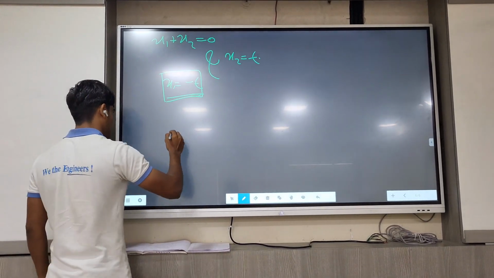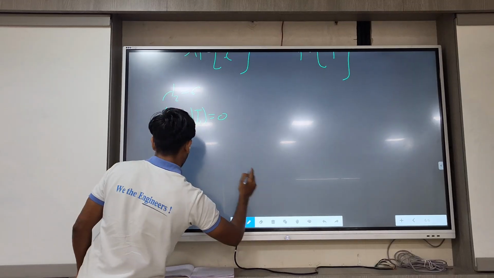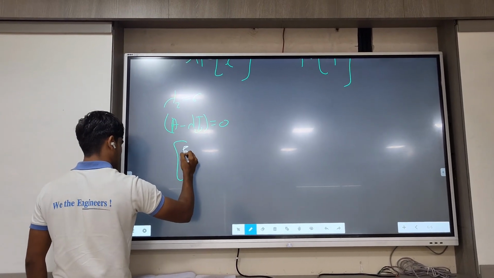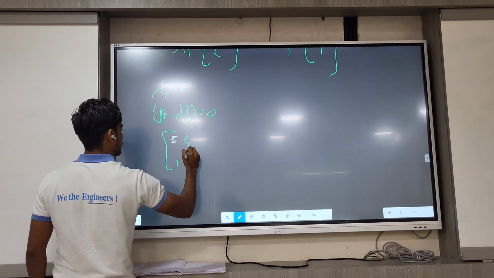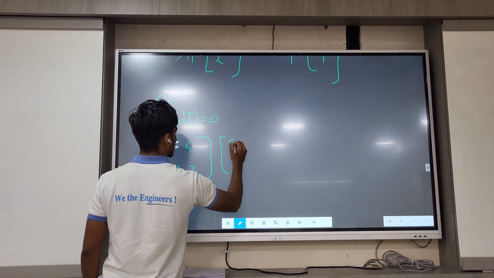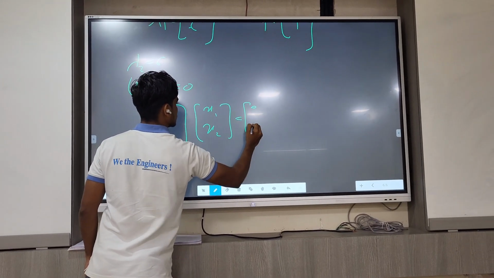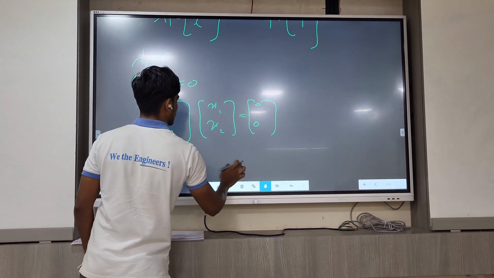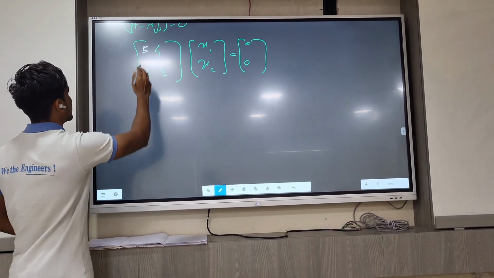So how should we find x2? So what was it? 5, 1, 4, 2, then x1, x2, and then 0. So what is lambda 2? Lambda 2 is 6.